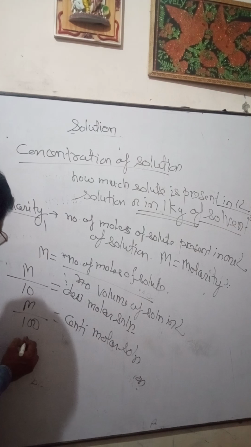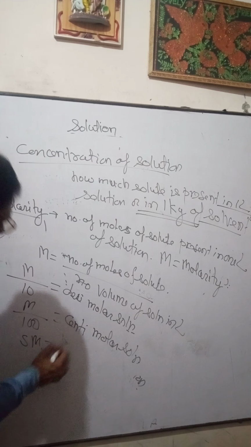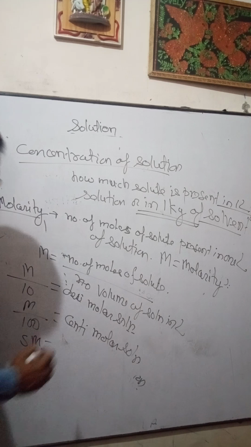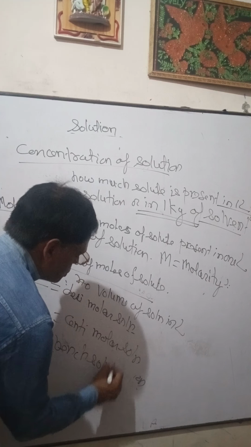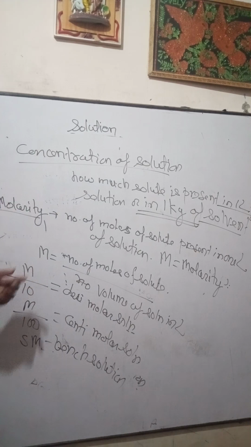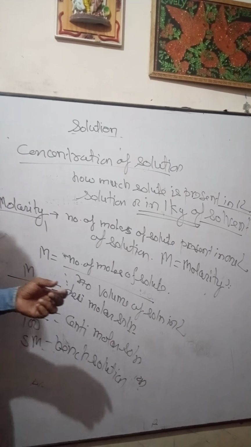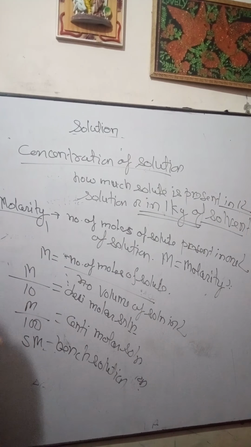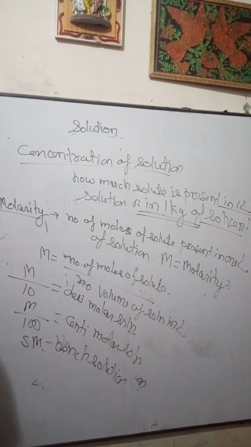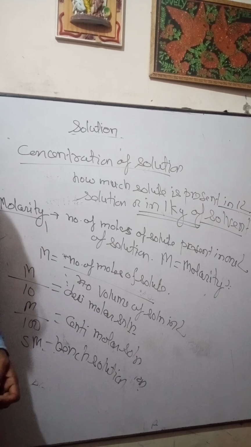Similarly, if 5M is used, it means a pentamolar solution. So this is one scale to measure the concentration of solution, that is molarity: the number of moles of solute present in 1 liter of solution, represented by capital M, equal to number of moles of solute divided by volume of solution in liter.